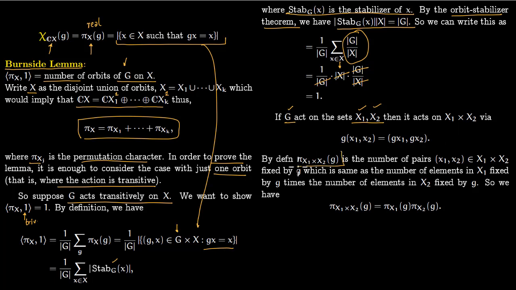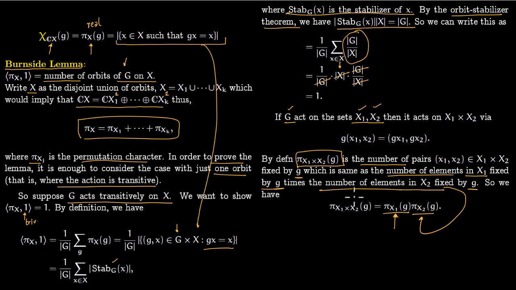So by definition, this is the number of pairs x1, x2 which are fixed by G, because the definition of the permutation character is the things which are fixed by G. All these pairs fixed by G is the same as the number of elements in x1 fixed by G times the number of elements in x2 fixed by G. The number of elements in x1 fixed by G is this permutation character, and the number of elements in x2 fixed by G is this.